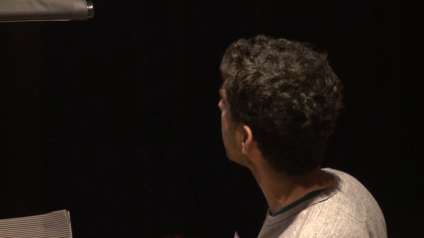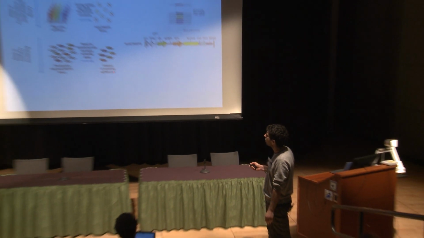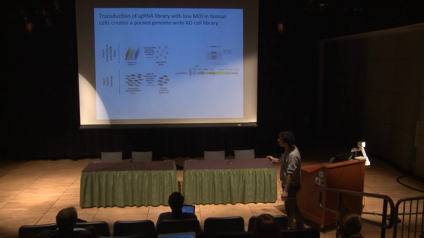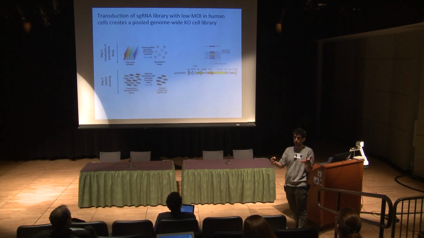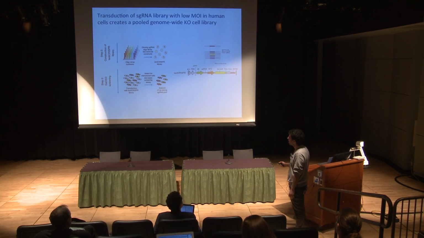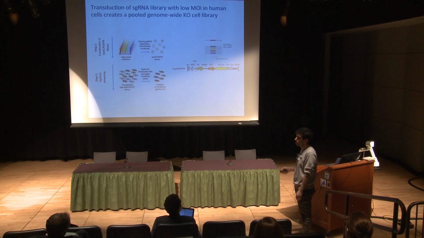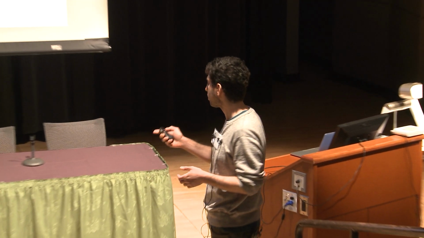We basically fuse Cas9 to a puromycin selection, so you're going to select only transduced cells. At the end of this process, you're going to end up with a pooled cell knockout library. Okay, you have a big pool, a big flask of millions of cells, and every cell has a specific mutation corresponding to a different gene knockout.